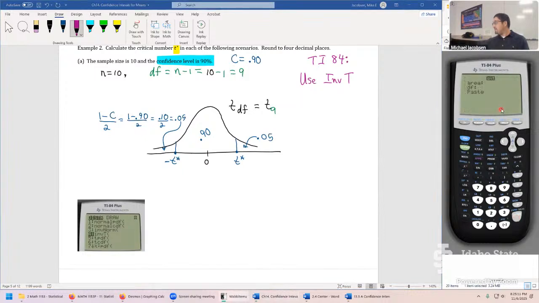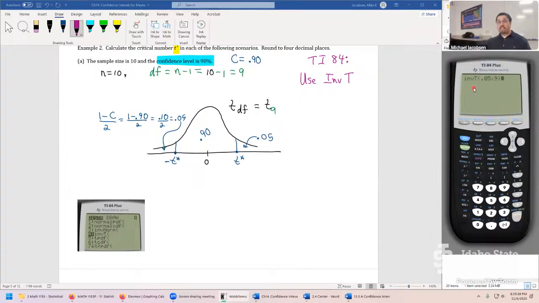Hit enter on that, and it wants two things. First, it wants an area. On my calculator, I have to put in 0.05. Or you could put in 0.95 and you'd be getting the area to the left of this t star. I think it's simpler to just use this value, get the negative number, and flip it to positive. Degrees of freedom is 9 in this problem.